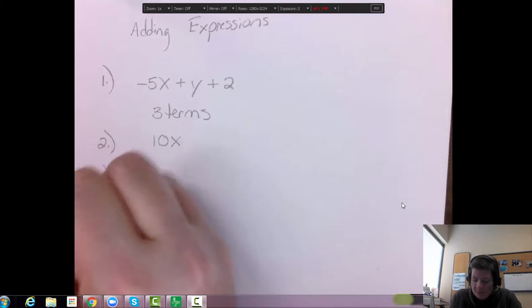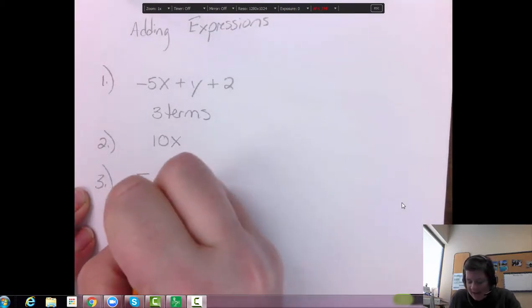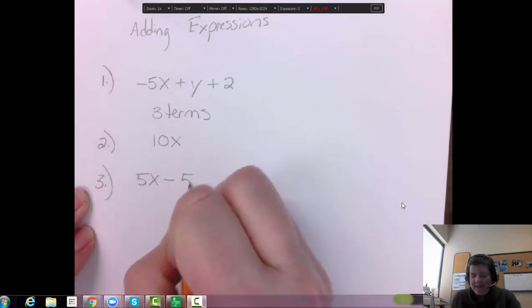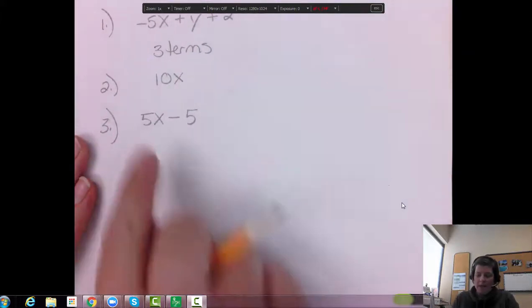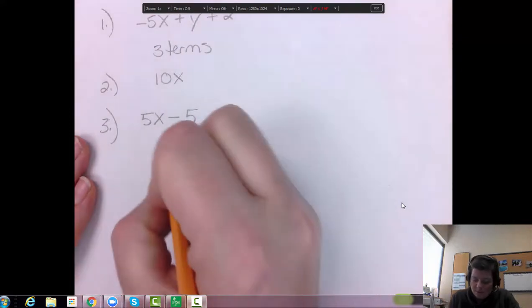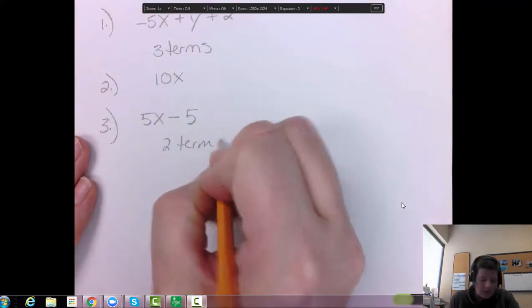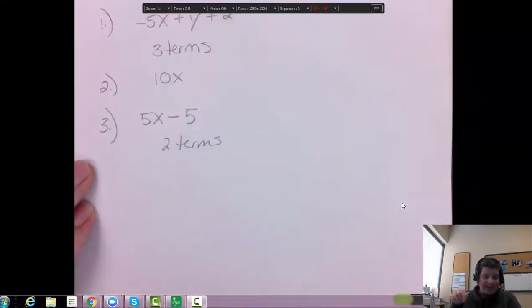How many terms would I have if I have 5x minus 5? How many terms do I have there? 1, 2. 2 terms. Again, a term without a variable is a constant.